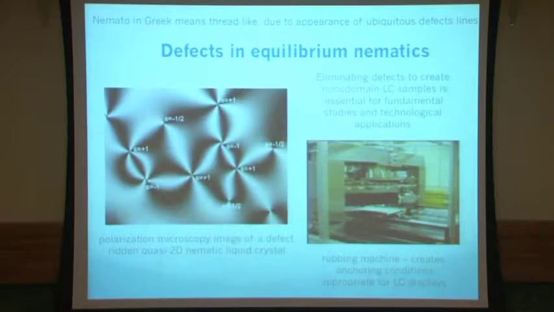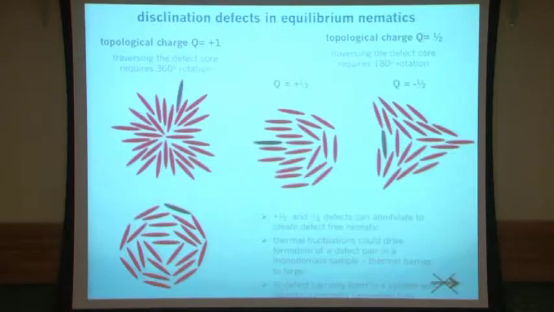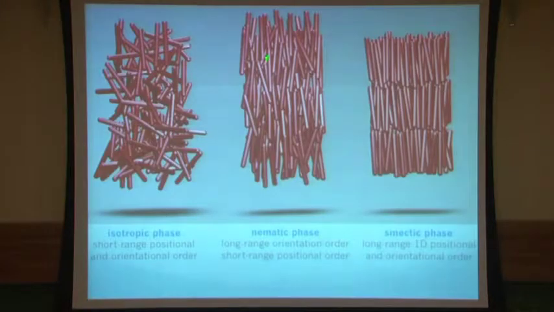So if you just take your nematic liquid crystal and look at it under a polarizing microscope, you will see something like this, okay? A polarizing microscope tells you the average orientation of the molecules. In a nematic liquid crystal you have structural anisotropy: the structure is different in this direction and this direction.